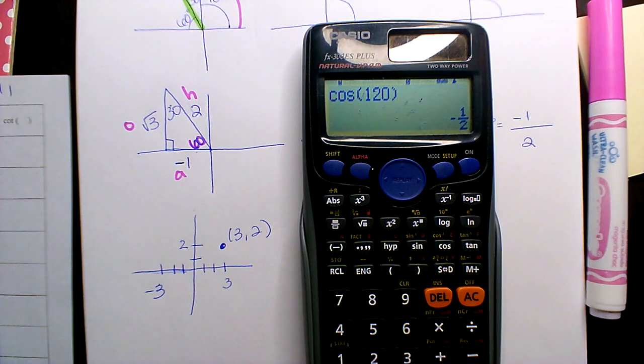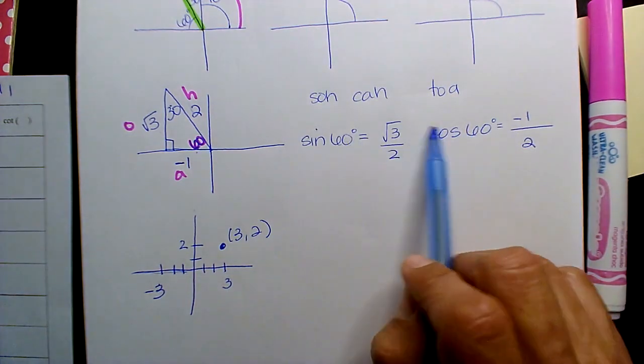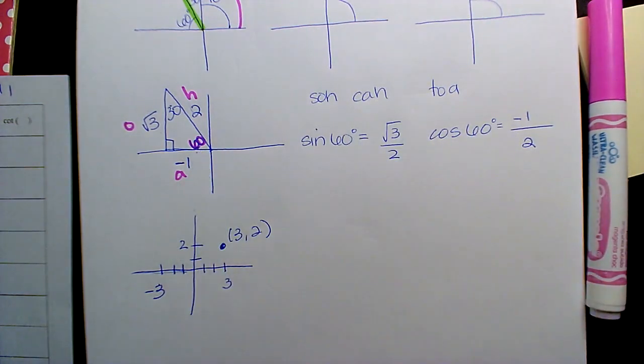I have it done. If you're not drawing it, no bueno, because when you take your quiz, you do not have access to a calculator. And notice, I didn't put 120 anywhere here. I'm using the 60. So that's why you have to know how to draw the triangles. And you have to know what's negative and what's positive.